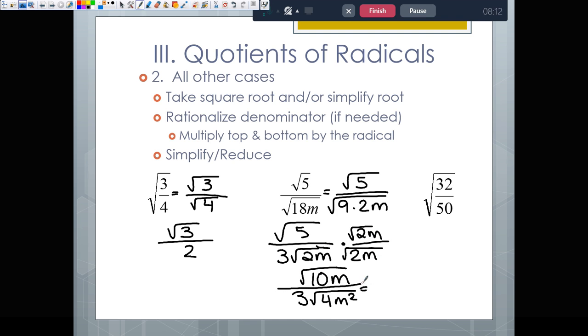And the square root of 4m squared would be 2m, and 2m times 3 would be 6m. And we have the square root of 10m on top. So I do not have a square root on the bottom, and everything is simplified.